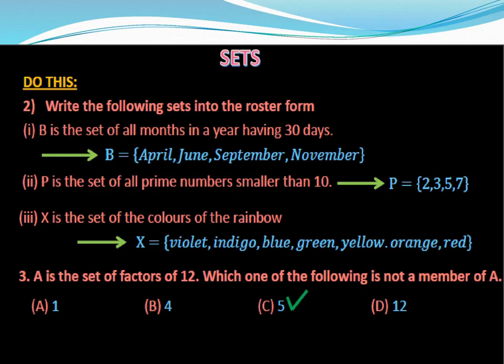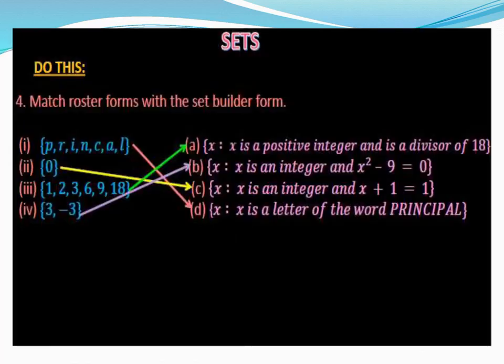A is the set of factors of 12. So which elements are present in that set? 1, 2, 3, 4, 6, and 12. So here 1 is right, meaning A is right, B is a member of A, and D is also a member of A, but 5 is not a member of A because it is not a factor of 12. So what's the answer? C.